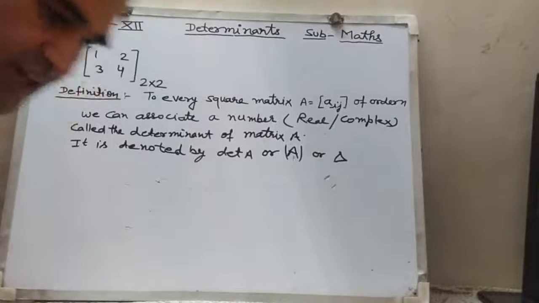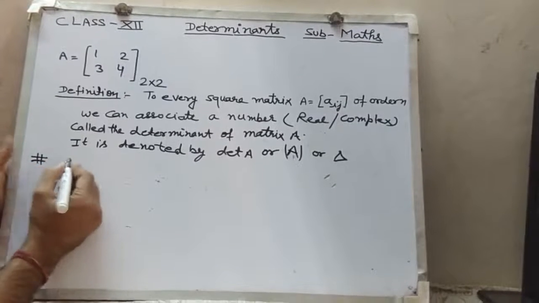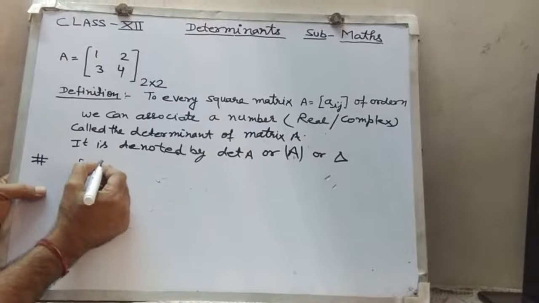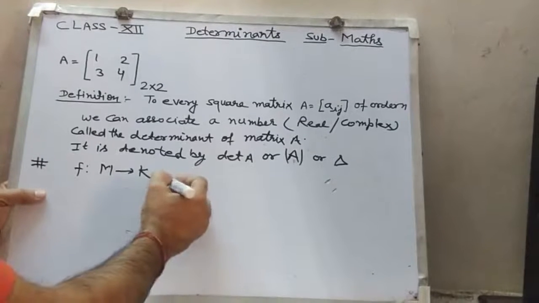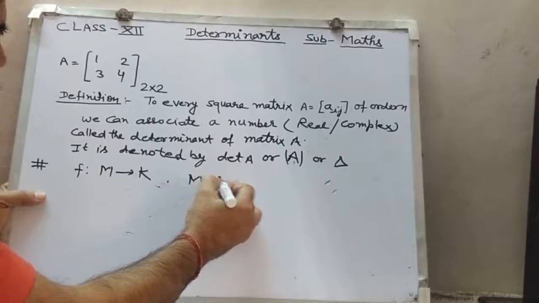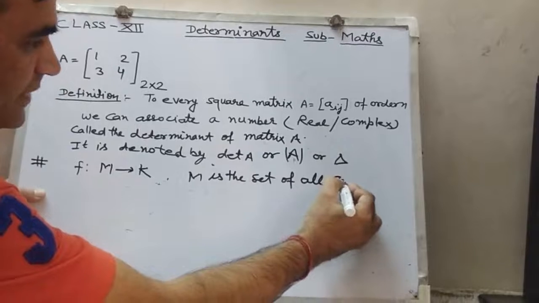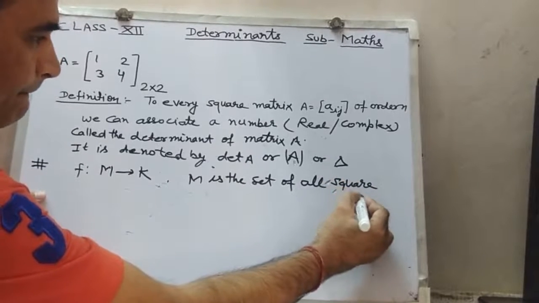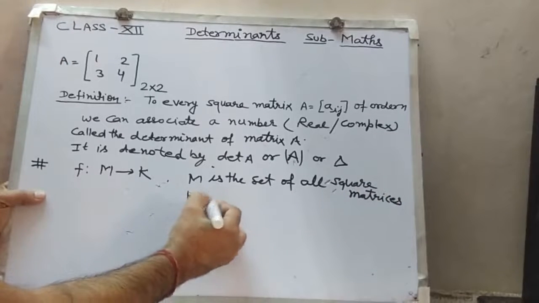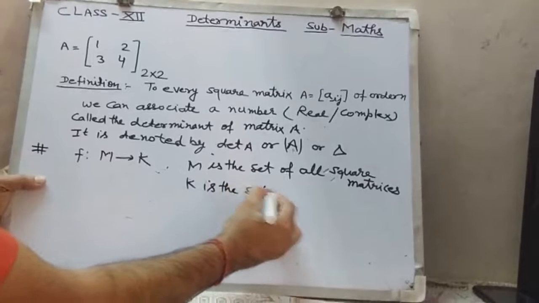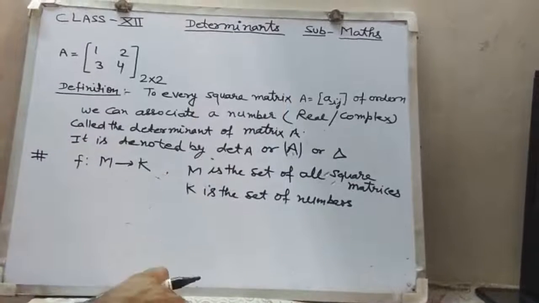Determinant may also be understood with the help of function, as determinant is a function from m to k, where m is the set of all square matrices, and k is the set of numbers, real or complex.